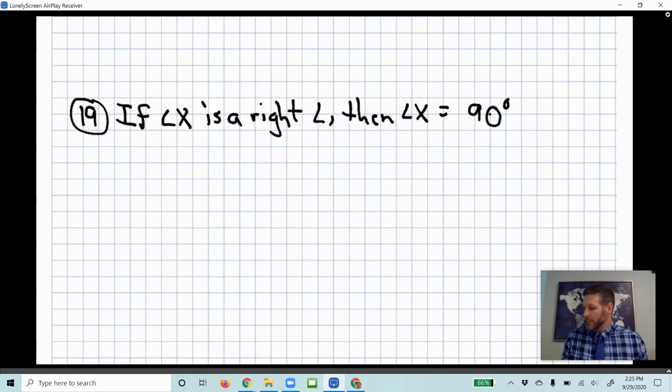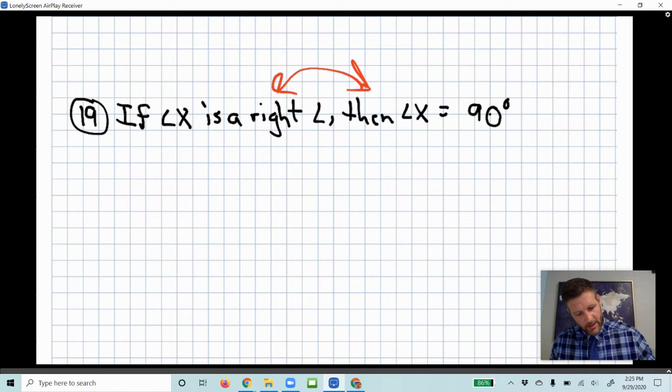Number 19, kind of doing one from each section here. It says, write the converse, inverse, and contrapositive of each conditional. Find the truth value. Don't forget to find the truth value of these, especially if it's a fill in the blank. You don't want to miss easy points. So let's just practice writing each one. We have, if angle X is a right angle, then angle X is equal to 90 degrees. So the converse would simply switch these two.